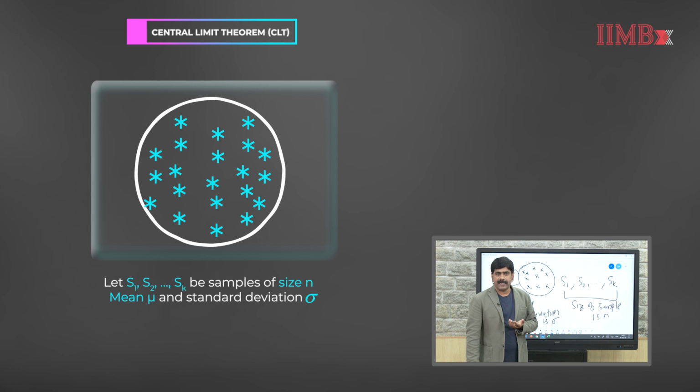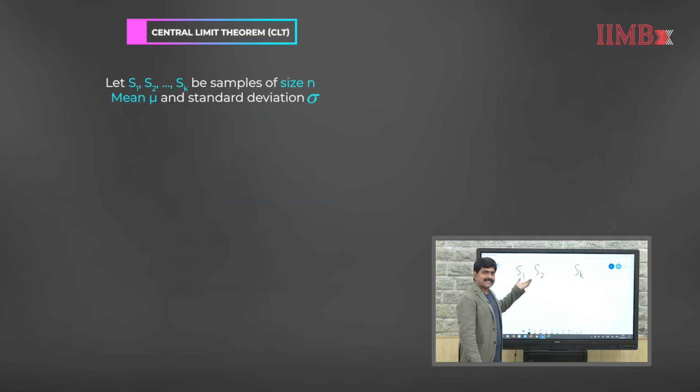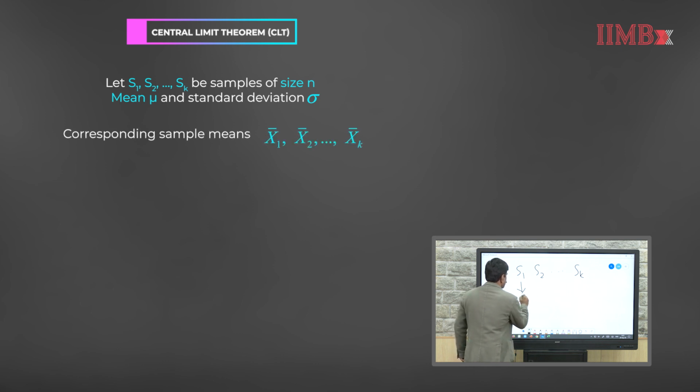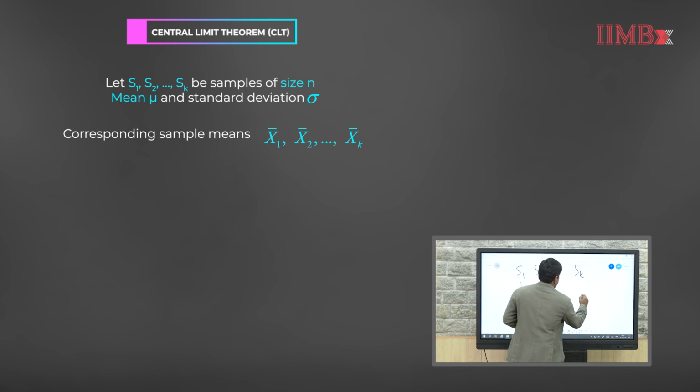that is, each of these samples have n records. Once we have these samples S1, S2 up to Sk, we calculate or estimate the mean from each of these samples. So, let the sample mean be x1 bar from sample 1, x2 bar from sample 2 and so on, and xk bar from sample Sk.